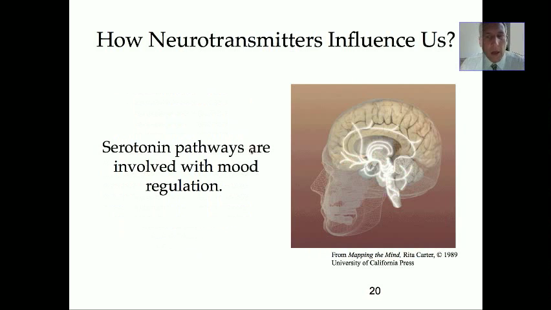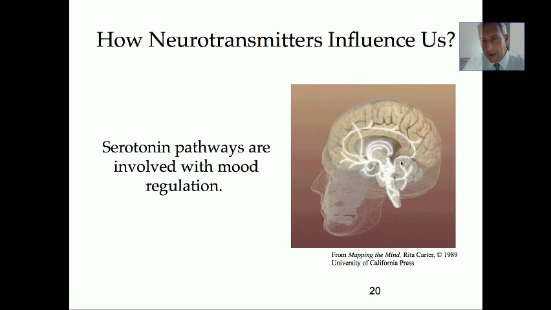All right, so how do these neurotransmitters influence us? This is a huge area of study in psychology and brain science, neuroscience. One of those neurotransmitters is serotonin. Increases in serotonin increase mood. So antidepressants do this, and they're involved with mood regulation.